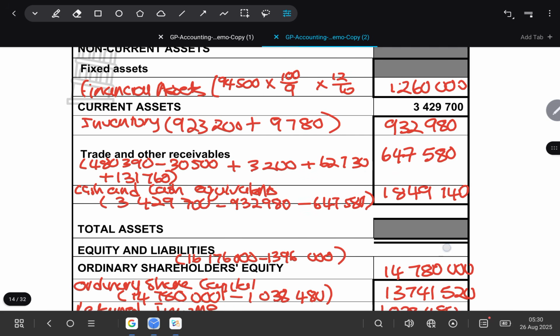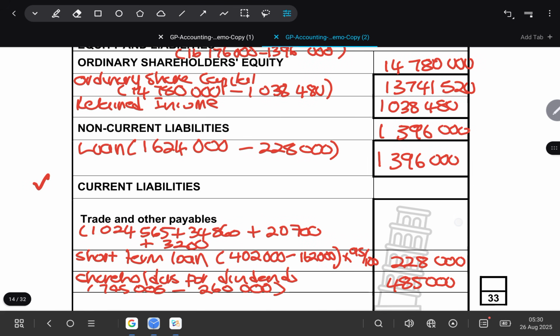1,849,140. Then we are done with that part, and then from there we need to close up our trade and other payables.